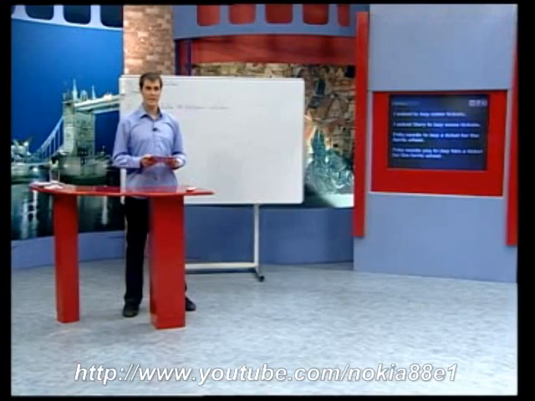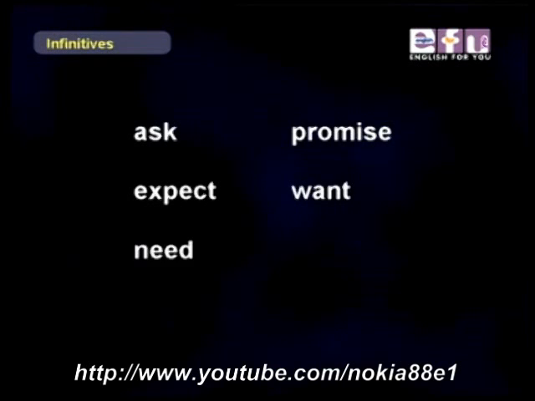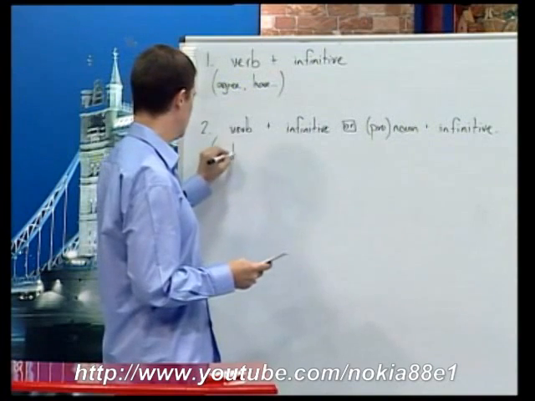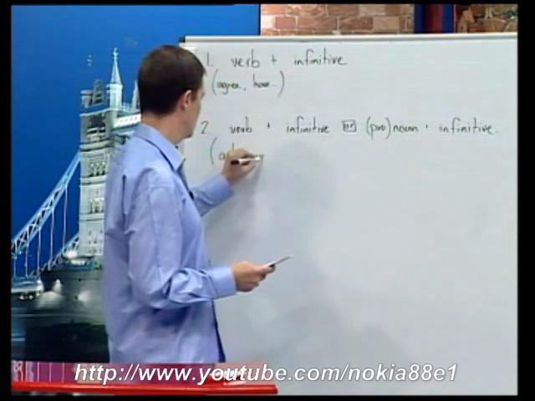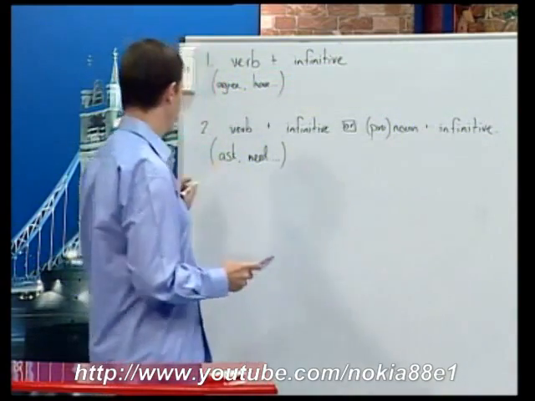Some examples of these verbs are ask, promise, expect, want, need, or would like. So let's have a look at some of these verbs. Ask, for example, need, and many others as well.